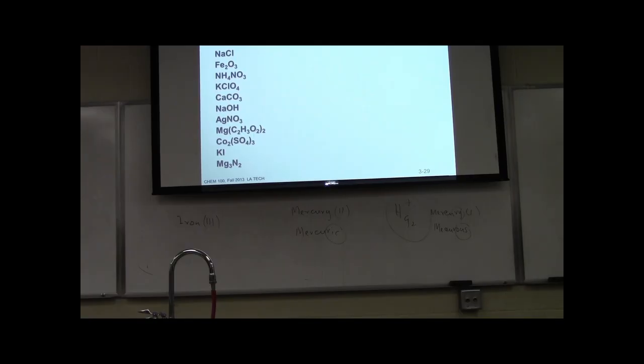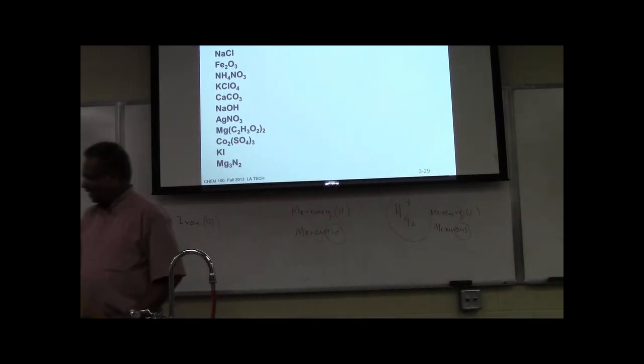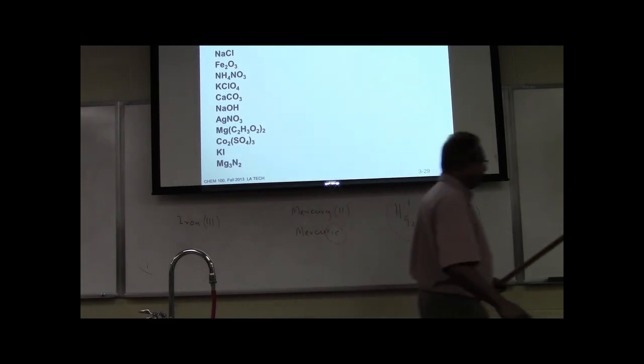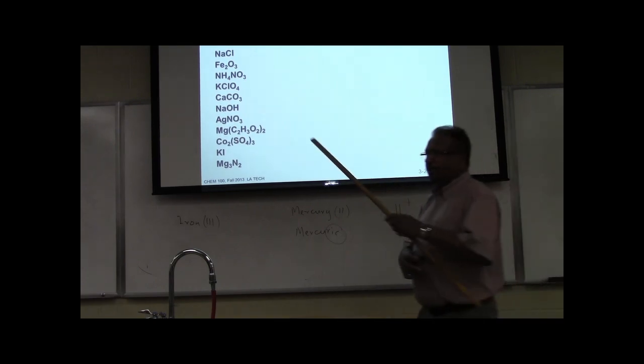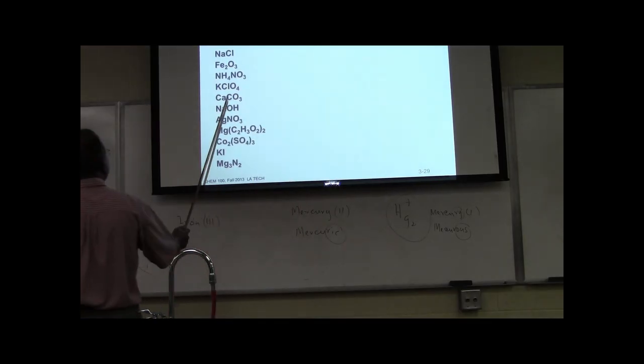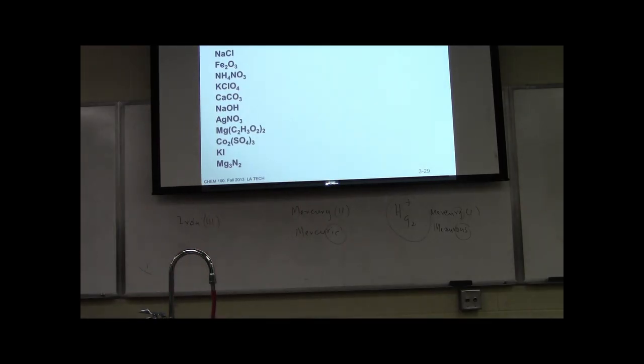Dang, I made a mistake there. Perchlorate. Hypo is the... potassium perchlorate, all right? Perchloric acid. Calcium, what's that? Carbonate. Ammonia, sodium hydroxide. Silver nitrate. Okay, mercury is 2 plus here.